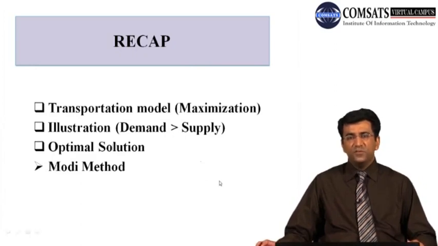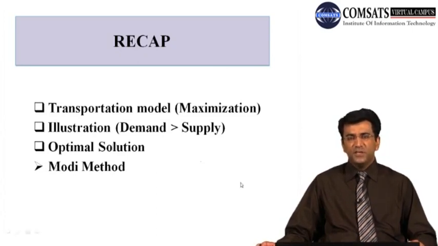This profit margin for a similar product may be different from a particular source to different destinations because of the location advantage or any other advantage which the organization has for a particular route. So in that case, we are always interested in maximizing our gains, that is the maximization of profit.